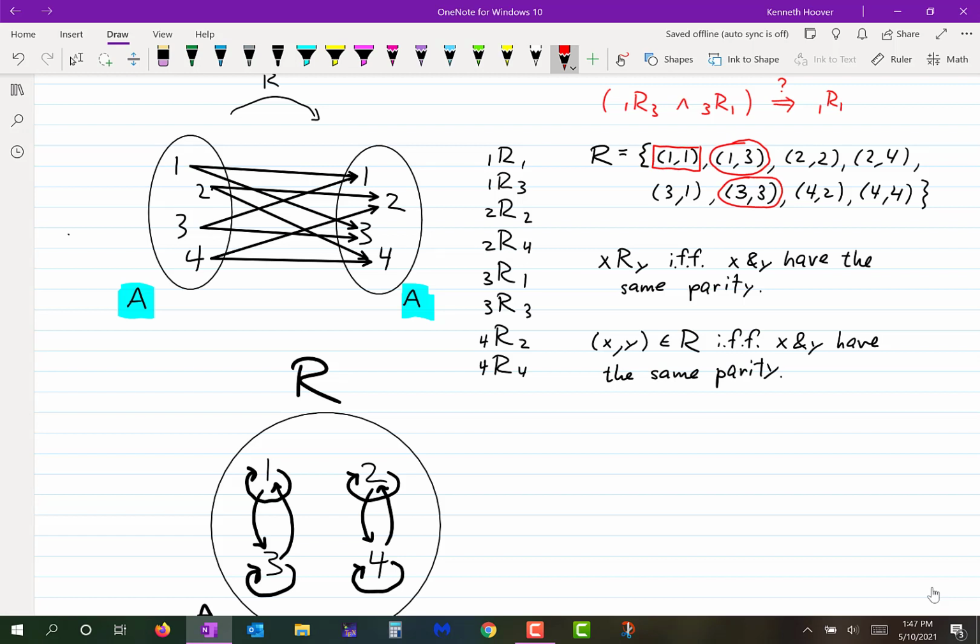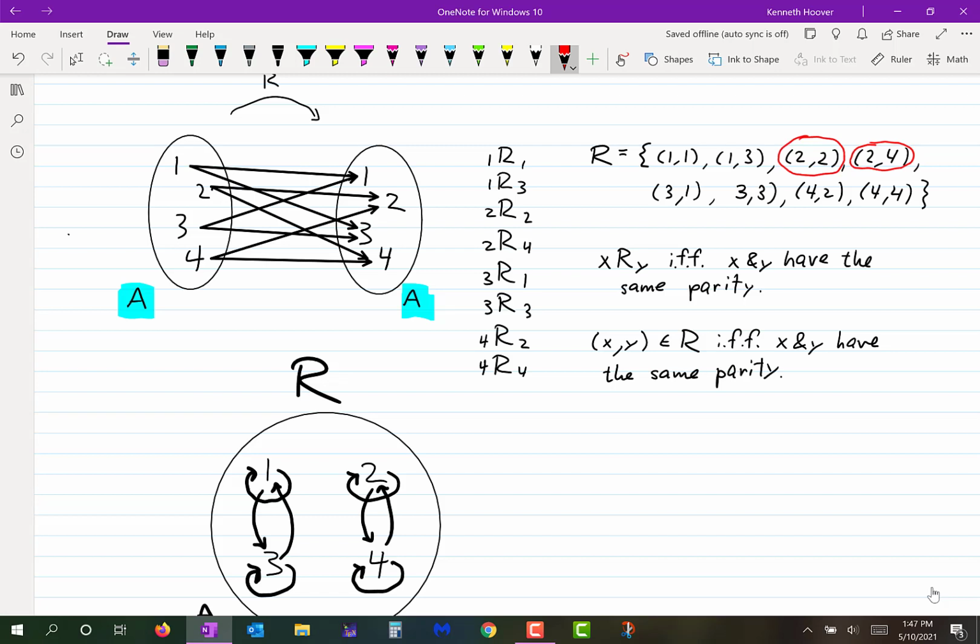Those are the types of things you'd have to check. Here's another one, just as an example. I could say 2 is related to 2, and 2 is related to 4.